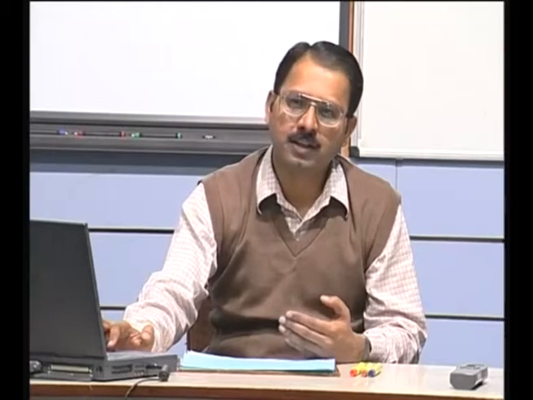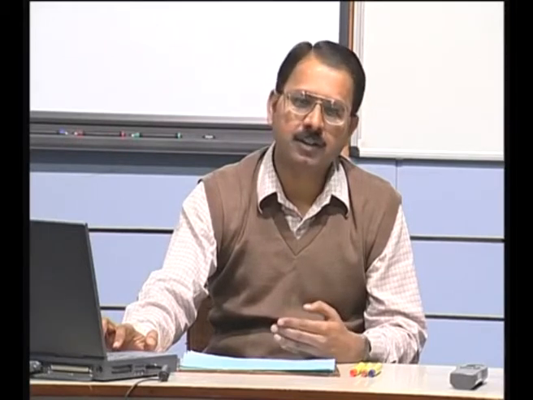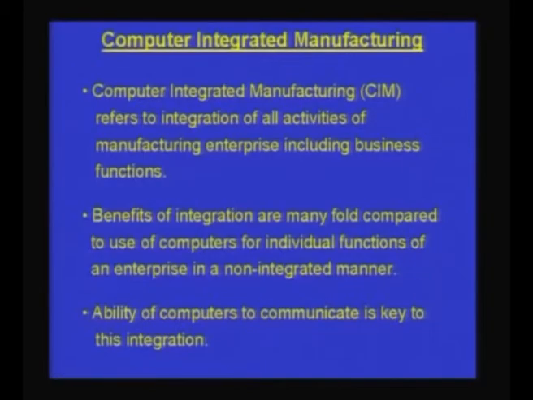So, it can also be used as a visualization tool. And we know that all rapid prototyping machines are computer age machines, because all the process planning for rapid prototyping, that is, taking a CAD model, deciding the slice geometries, and then controlling the actual slice realization process, are completely computer controlled, which is a good example of computer aided manufacturing.